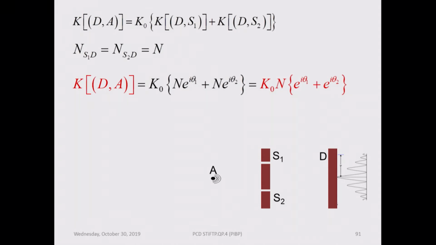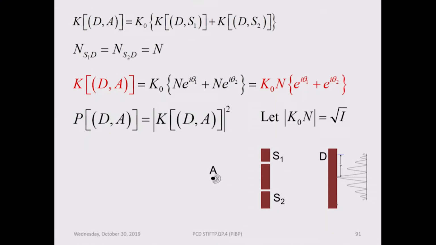And now each probability amplitude is given by a certain constant times e to the i theta, but in one case it is theta 1, in the other case it is theta 2, because these are two different paths. Okay? So, you have got k0 n times the sum of e to the i theta 1 plus e to the i theta 2, and the probability will be given by the modulus square, or which is k star k.